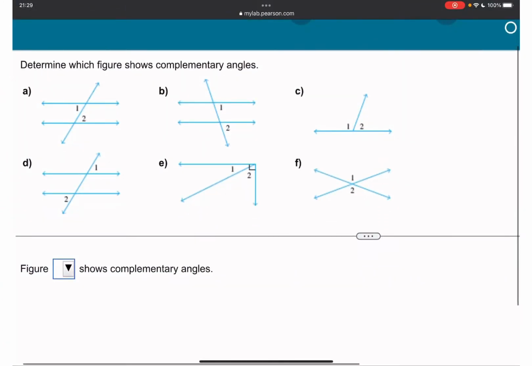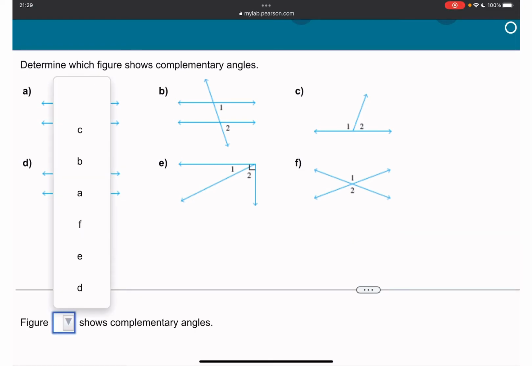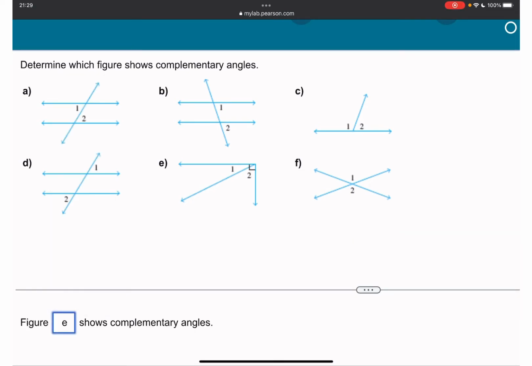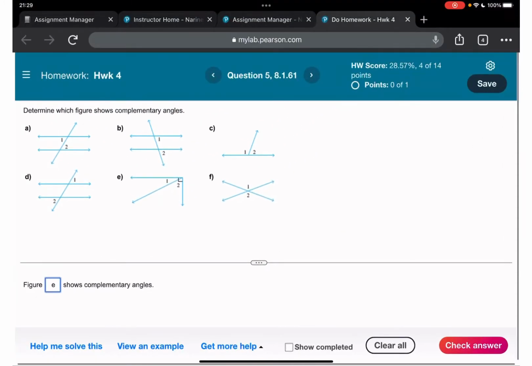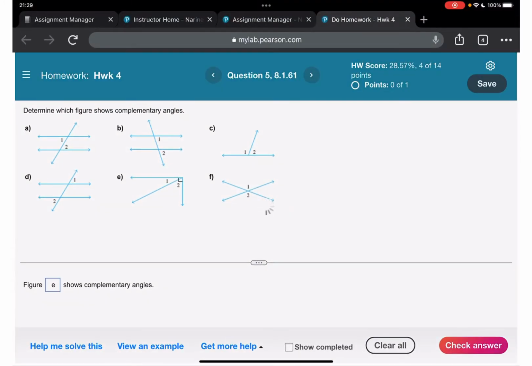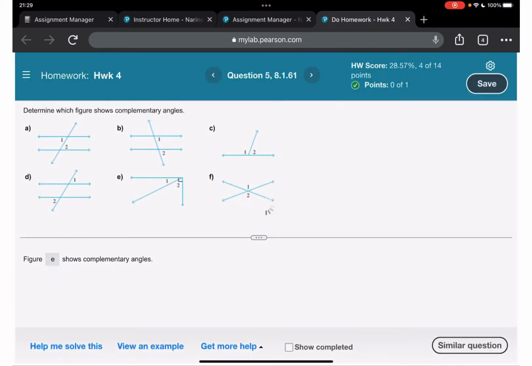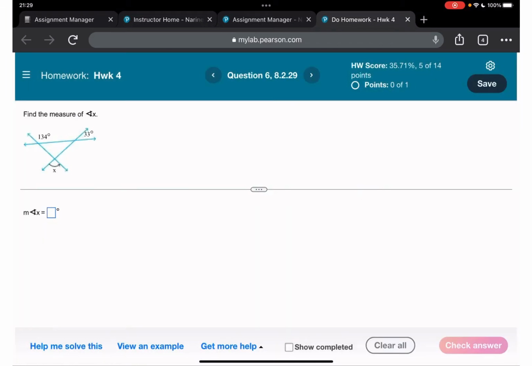So in our case, it's asking for complementary. That is going to be case E, 90 degrees. If it would ask for supplementary, then it would be case C. Okay. Checking. Good job. Next one.